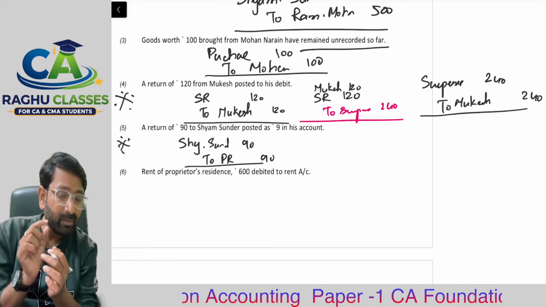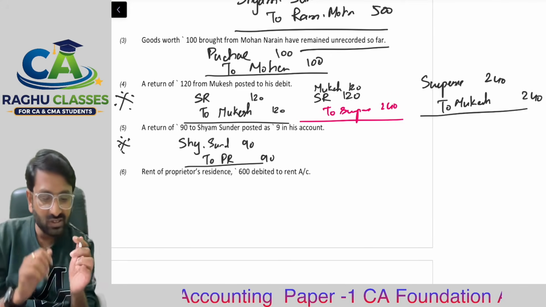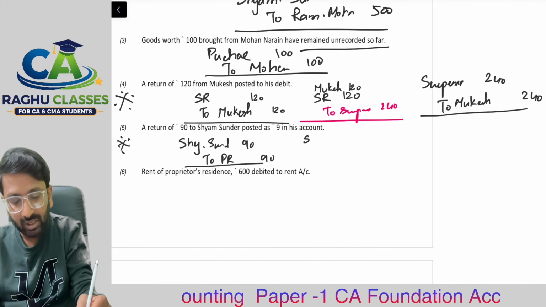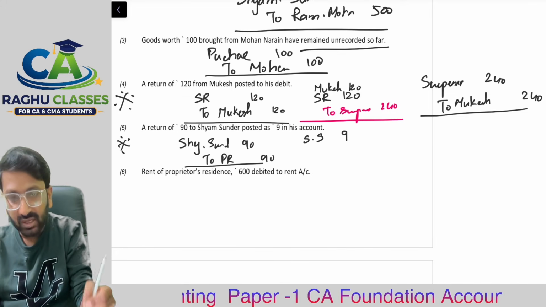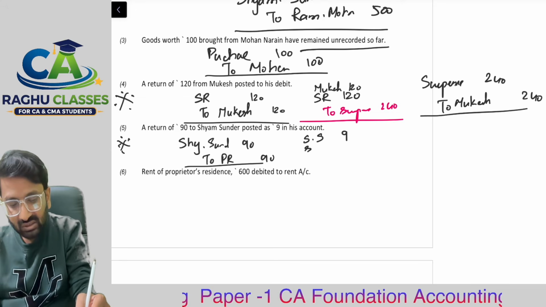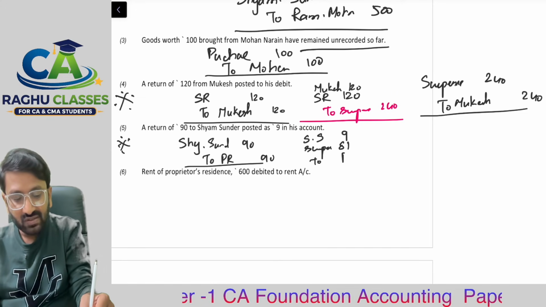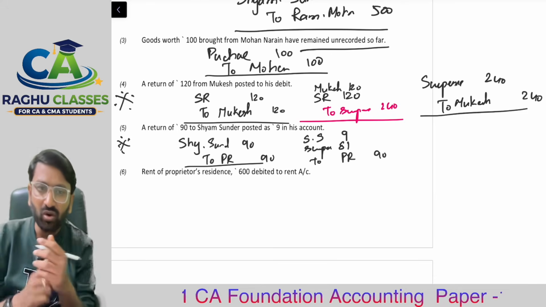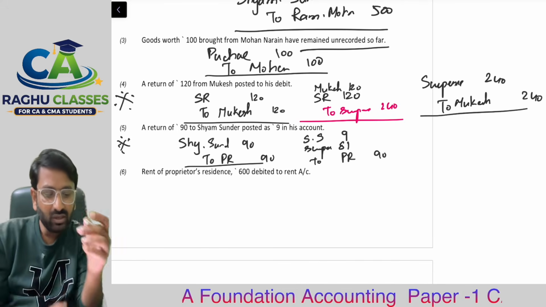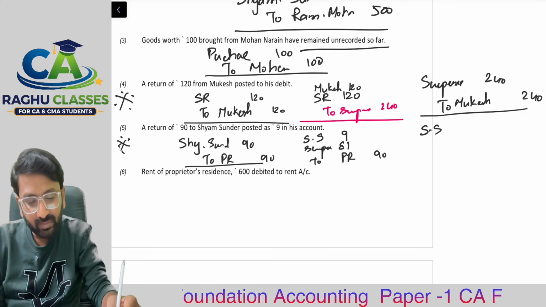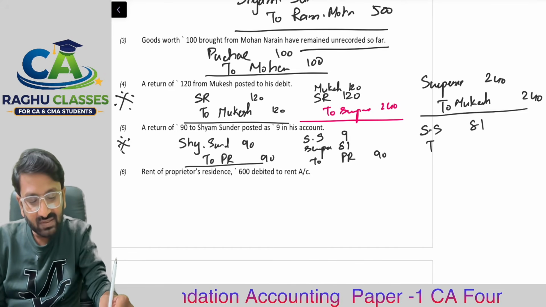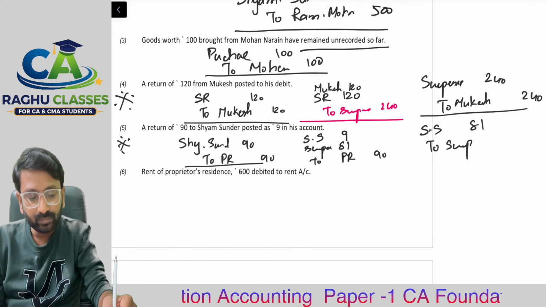So the mistake is happening in Shyam Sundar account and not purchase return account. So can we say wrong entry will be Shyam Sundar 9, suspense account 81 to purchase return 90. This will be the wrong entry. So rectification will be Shyam Sundar debit 81, cancel suspense 81.